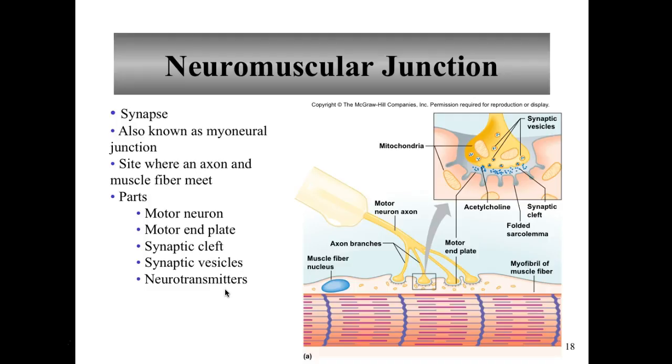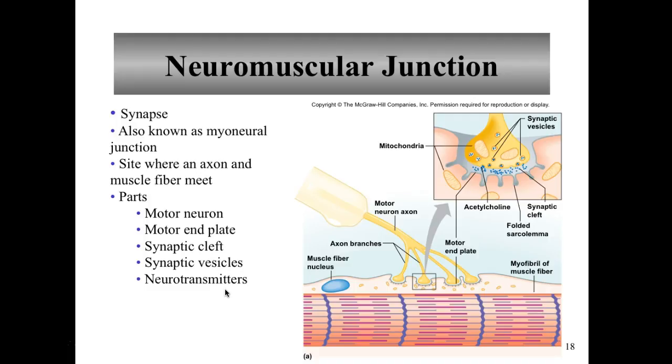So at the end of the nerve, you're going to release these neurotransmitters, and that is going to cause a stimulation of the sarcolemma of the muscle fiber. So basically the plasma membrane of that muscle fiber is going to be stimulated, and the neurotransmitter there is acetylcholine. Acetylcholine is the neurotransmitter, and it is also abbreviated ACh.